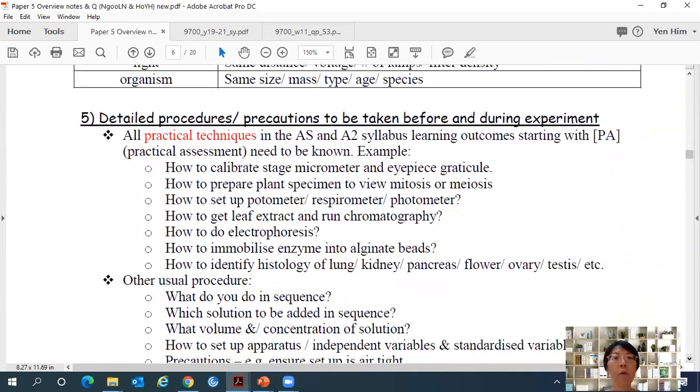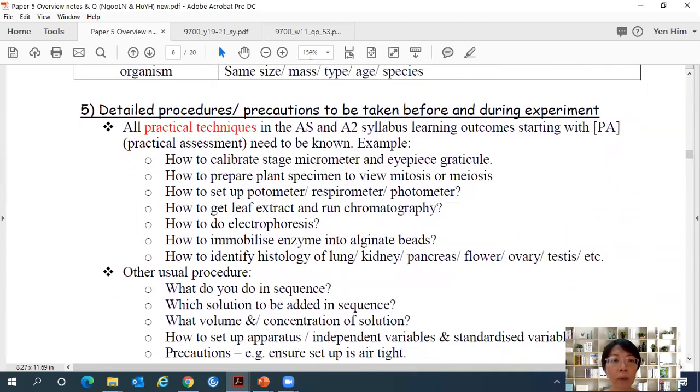Now we go to the detailed procedure. This is where you need to pay attention. When they ask you for a detailed procedure for the experimental plan, you need to be familiar with whatever you have learned in your AS and A2, whatever practical procedures you have learned in your theory and practical.